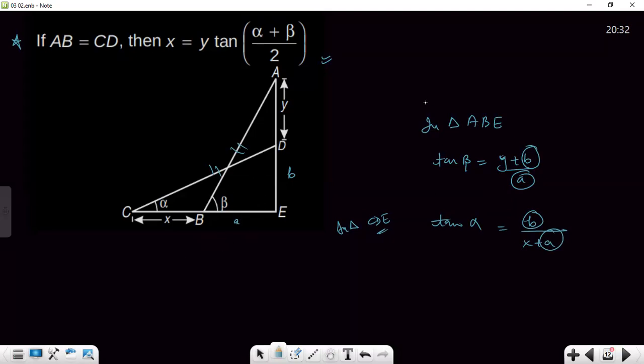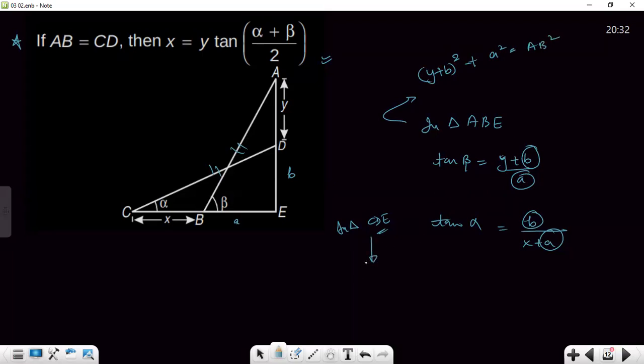Applying Pythagoras theorem in the triangle ABE, (y plus b) whole square plus a square is equal to the hypotenuse square.